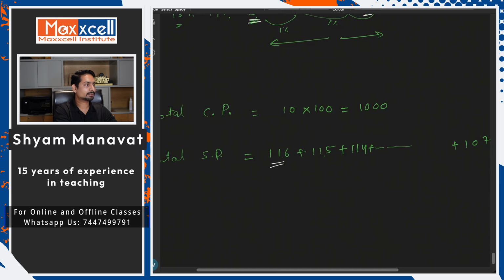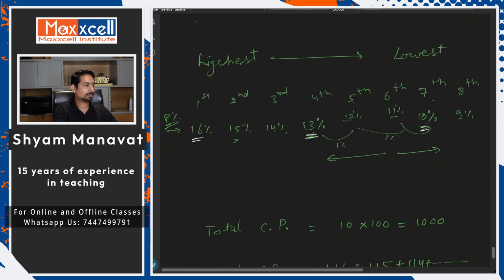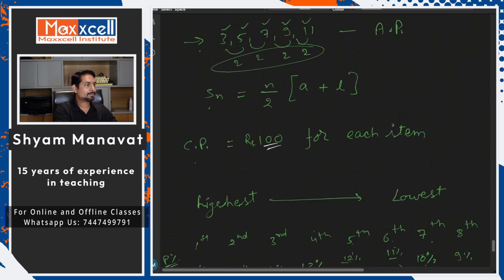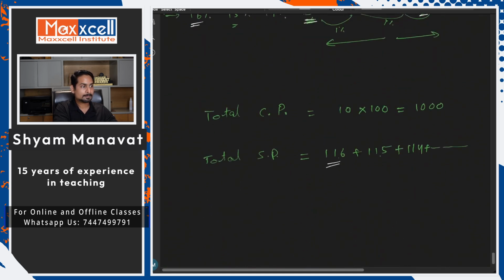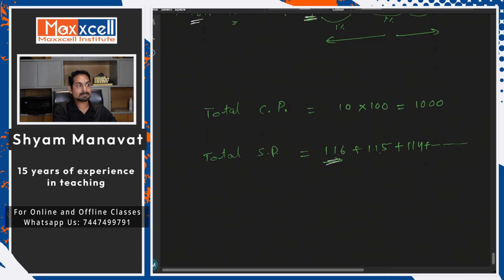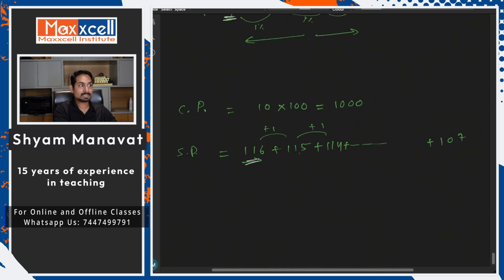To find the sum of all, you can add manually, or you can use the formula we have discussed, the sum of n terms of an arithmetic progression: n by 2, first term plus last term. Here the selling price is also in arithmetic progression because the common difference is 1. And the number of terms is 10, since there are 10 items.